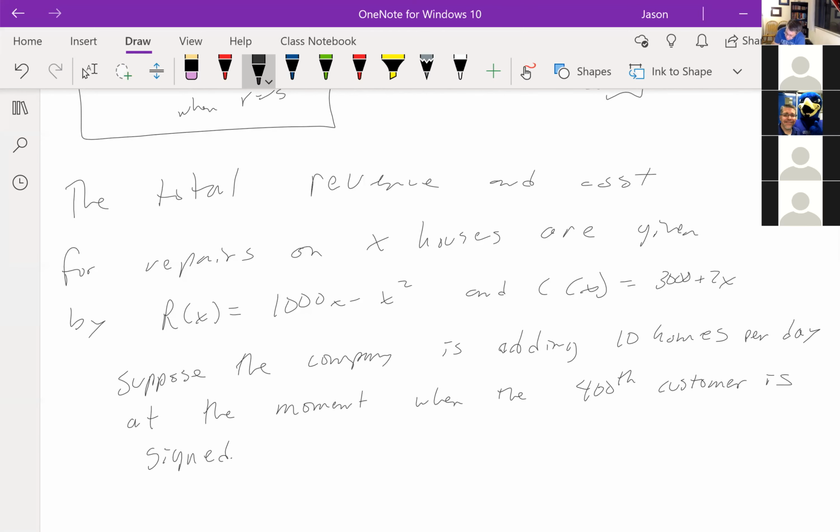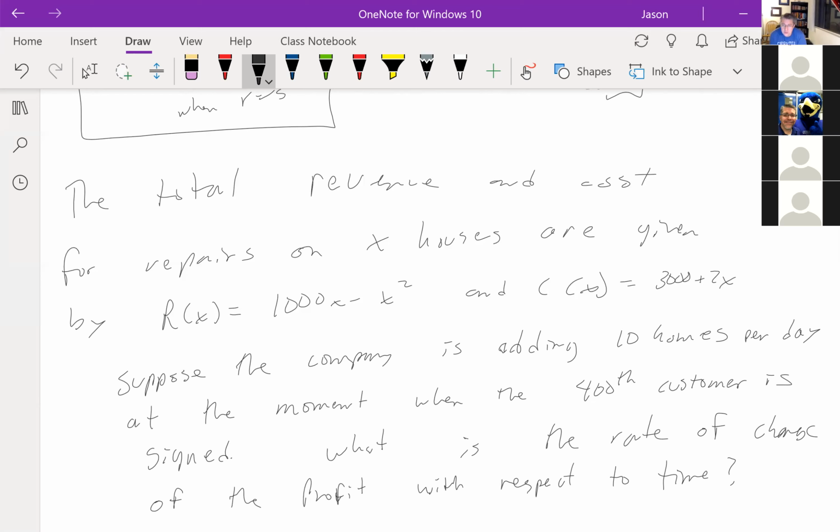What is the rate of change of the profit with respect to time? Not the rate of change with respect to the homes, but with respect to time.